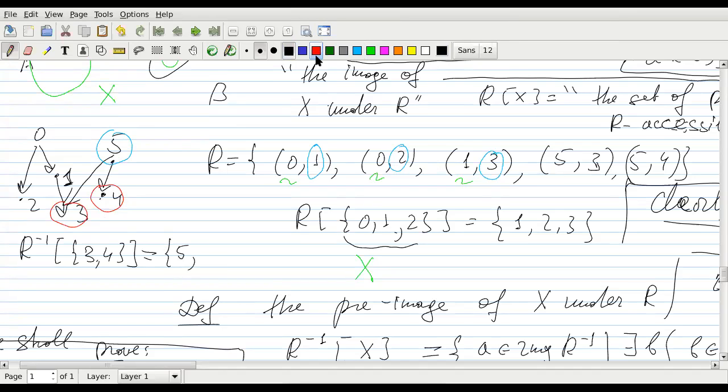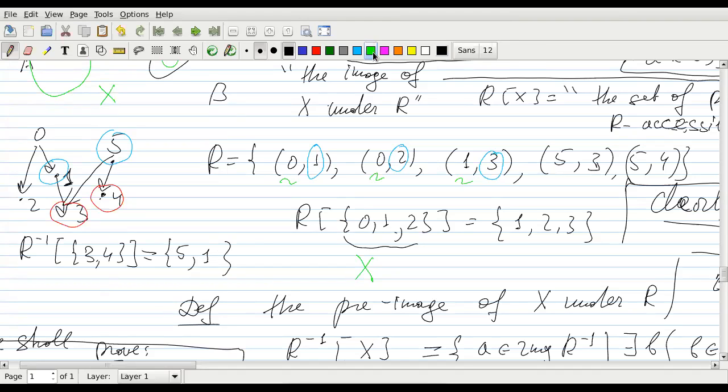Is it clear? Yeah. From where may I go to 3? From 1 and 5. Hence, that's 1. Any more points? May I come to 3 or 4 from any other point? No, so that is the pre-image. Okay, thank you. Is it clear? Yes, thank you very much.